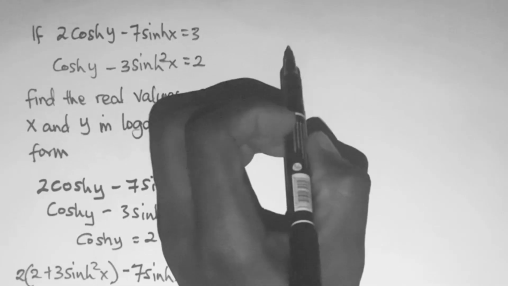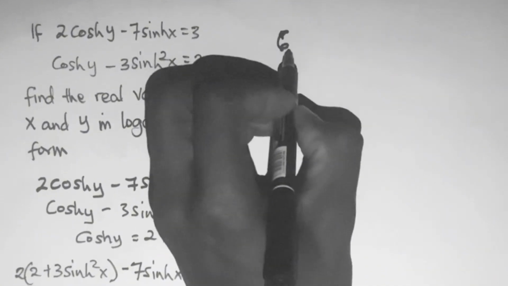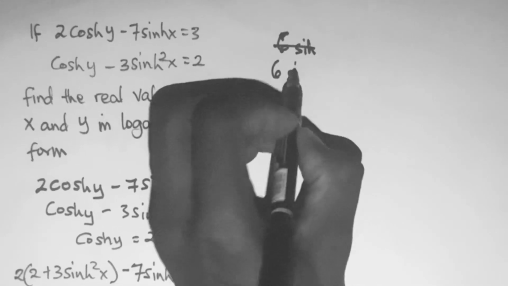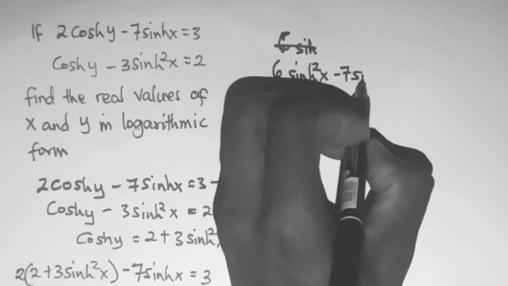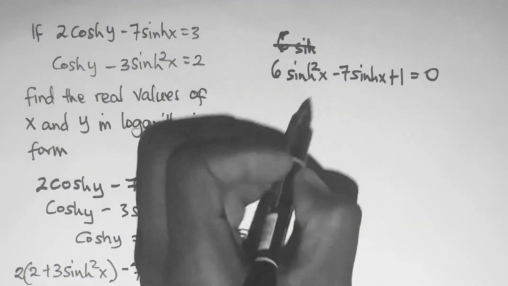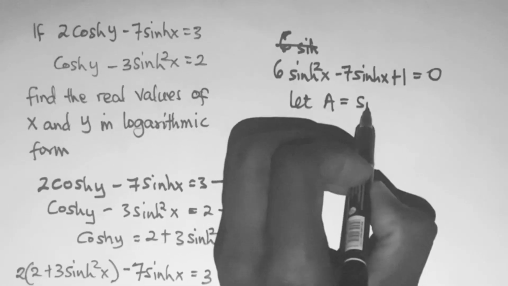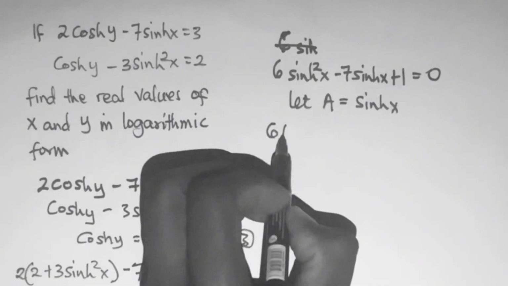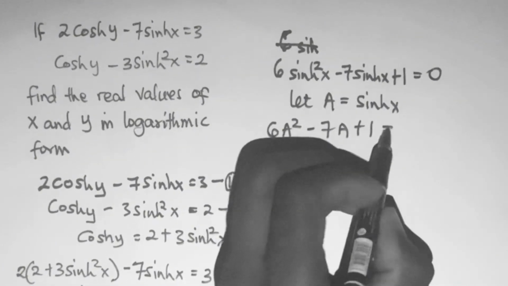So the equation is 6 sinh squared x minus 7 sinh x plus 1 equals 0. Now let a be equal to sinh x. It implies that this becomes 6a squared minus 7a plus 1 is equal to 0.